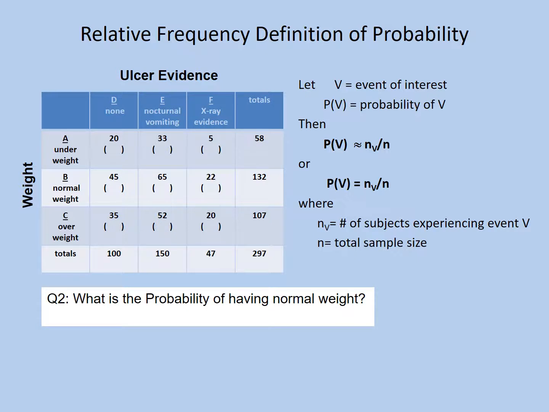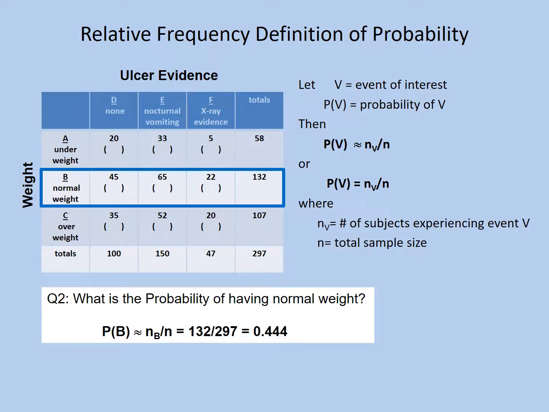So now, what is the probability of having normal weight? This question again focuses on a marginal event. This time it's the event B of having normal weight. The probability P of B is therefore estimated to be N sub B over N, which is equal to 132 divided by 297, or 0.444.